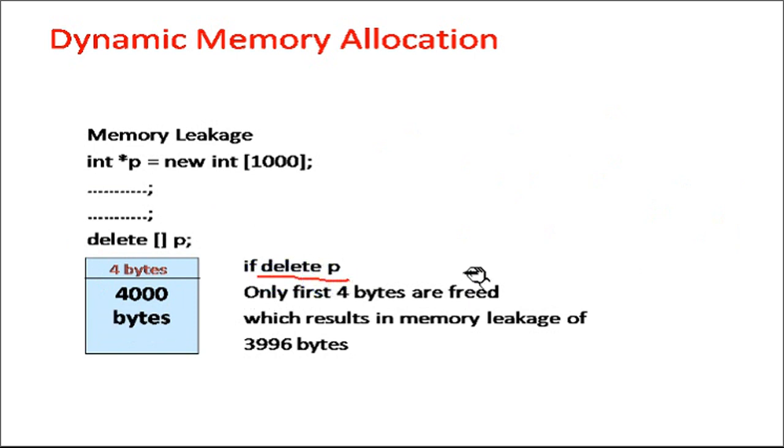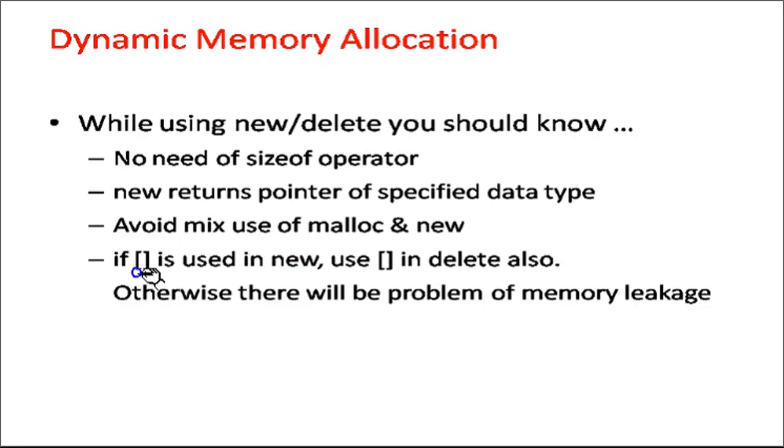In this case, it will not deallocate the entire 4000 bytes. Instead, it will deallocate only the first 4 bytes, which results in 3996 bytes of memory leakage. That is the reason whenever we use subscript in new, we need to use it in delete as well. Otherwise, there will be a problem of memory leakage.